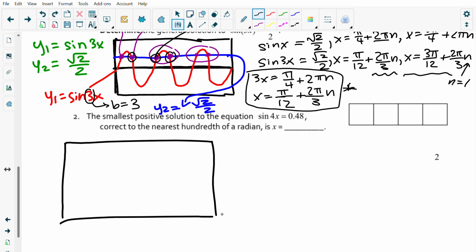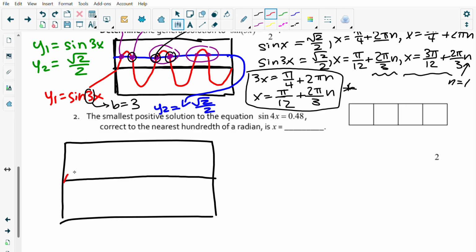Okay, so let's graph this. So we're looking at it graphically. I'm going to graph y equals sine of 4x and y2 equals 0.48. Okay, so I'm just going to set an x max window of pi.